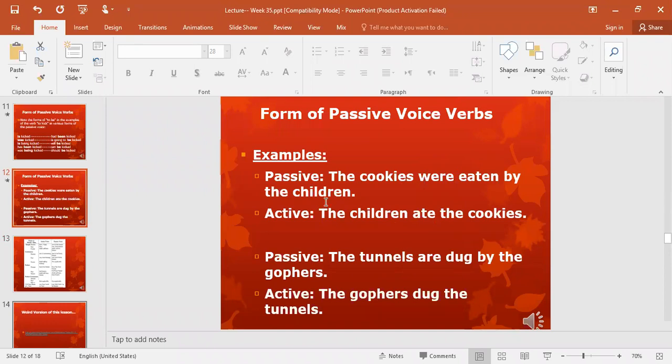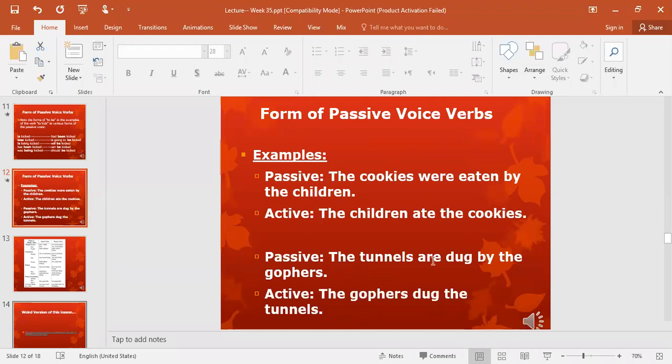Because children is the subject and children is plural. Eaten is the past participle of the verb eat, right? So the children ate the cookies. Children, as we said, is a plural subject. The past participle of ate is eaten. So the cookies were eaten by the children.